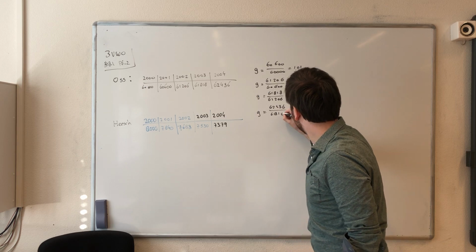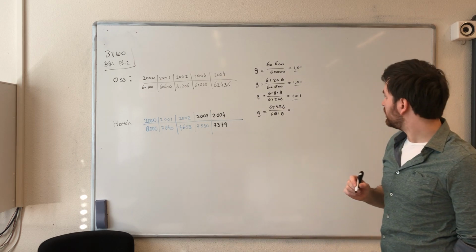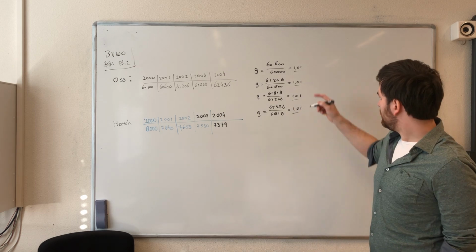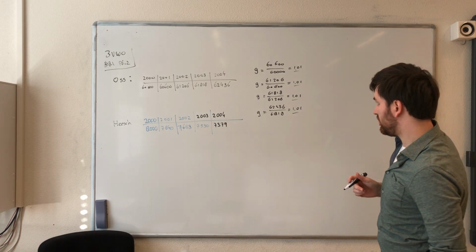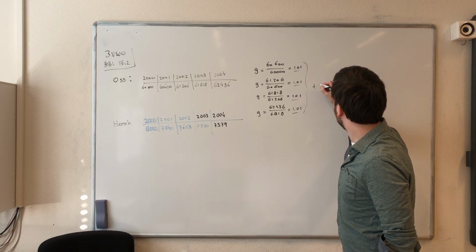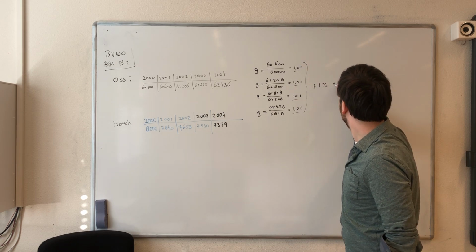Whenever the growth factor remains 1.01, that means we can say something about the growth in percentages. So this suggests a 1% growth per year.